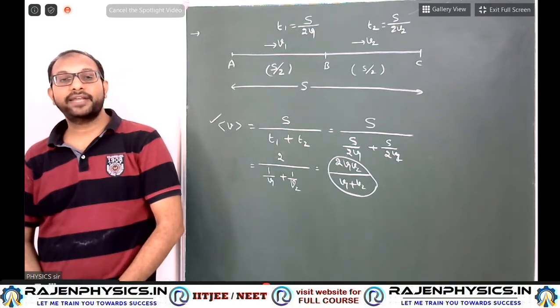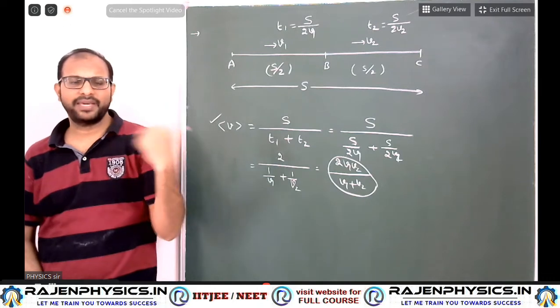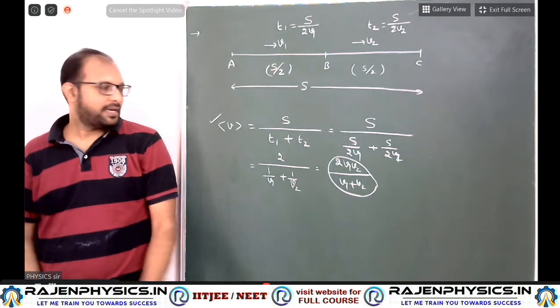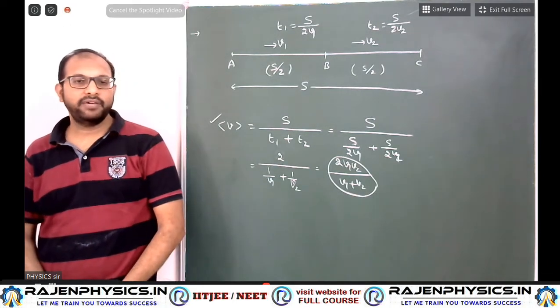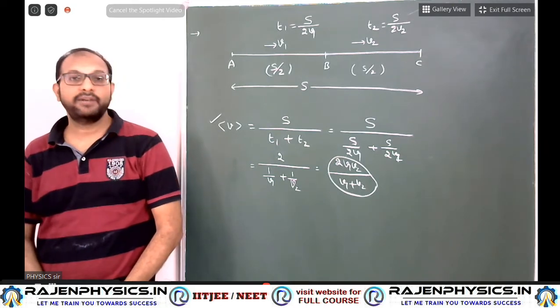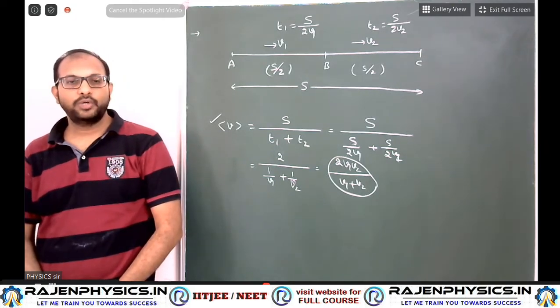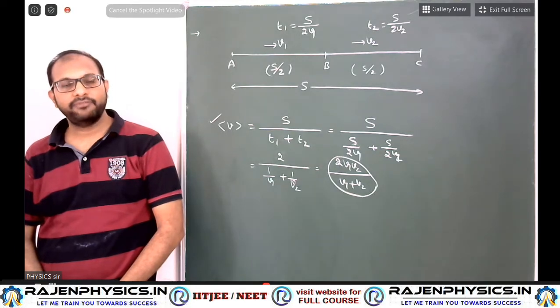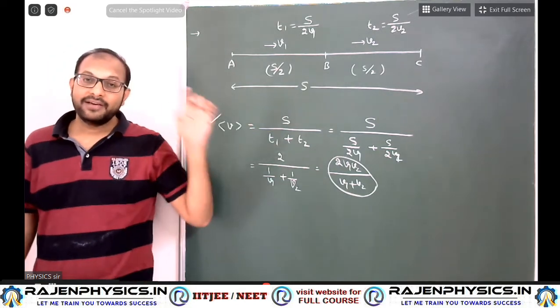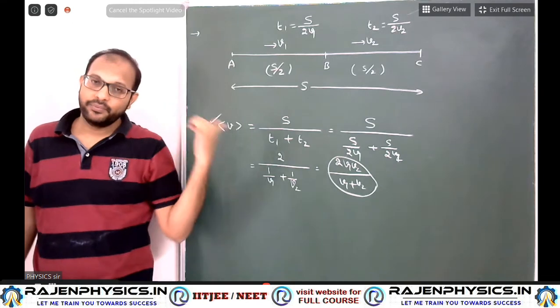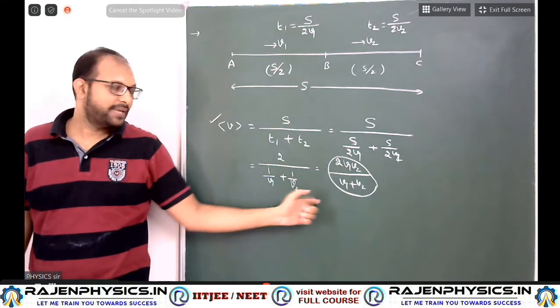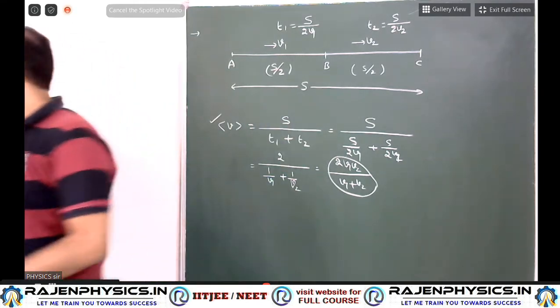Then what is the average velocity or average speed? Both are the same here because there is no return journey. So that is 2 v1 v2 divided by v1 plus v2. Okay, but here first half distance v1, second half distance v2. Take this first.